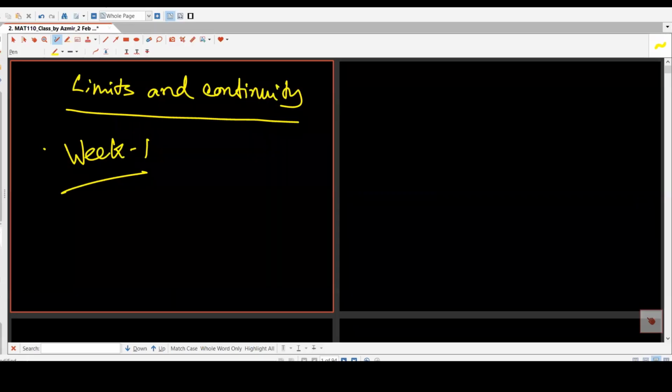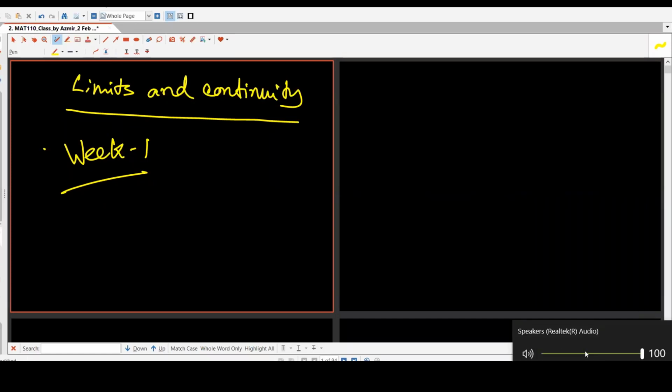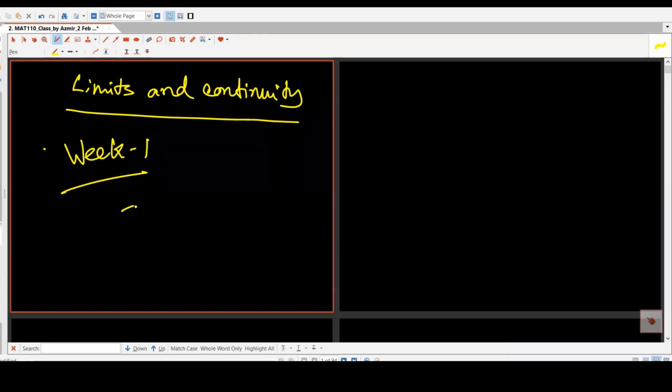Before starting limits and continuity, we need to know what a function is. You need to have this preconcept. There are several types of functions.